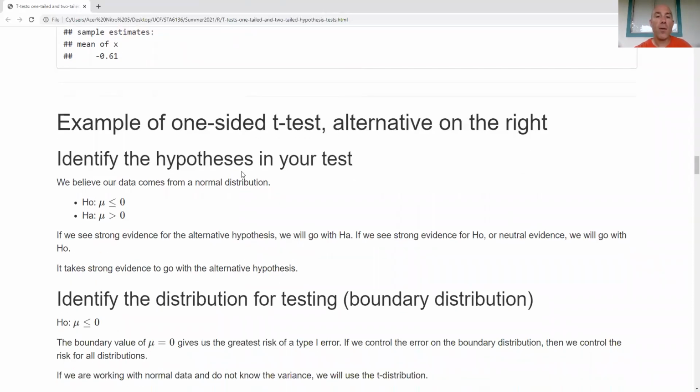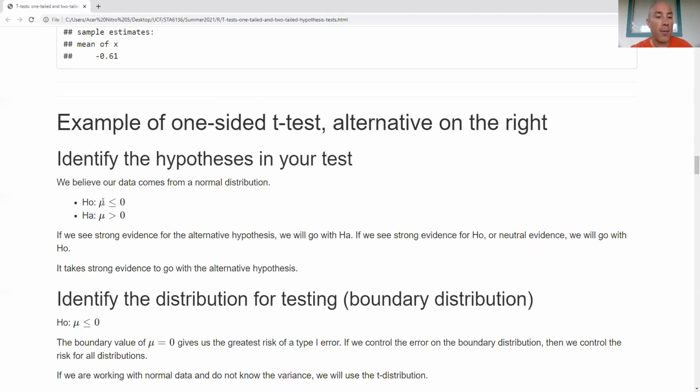All right, so now let's do a one-sided t-test. The alternative is on the right this time. Once again, we believe our data is coming from a normal distribution, and we want to run a hypothesis test concerning the population average. I'm using the sample average, the sample data, to draw an inference about the population average.